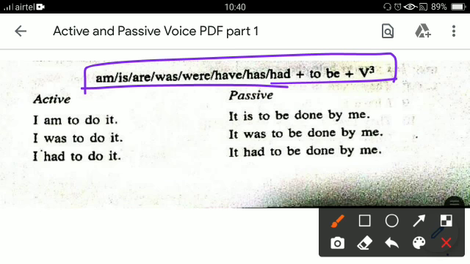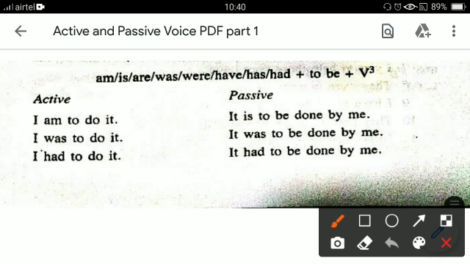You can recognize any sentence with the help of its verb. I have already told you in the previous videos that if you recognize any verb, you will be able to change the whole sentence into passive voice easily.